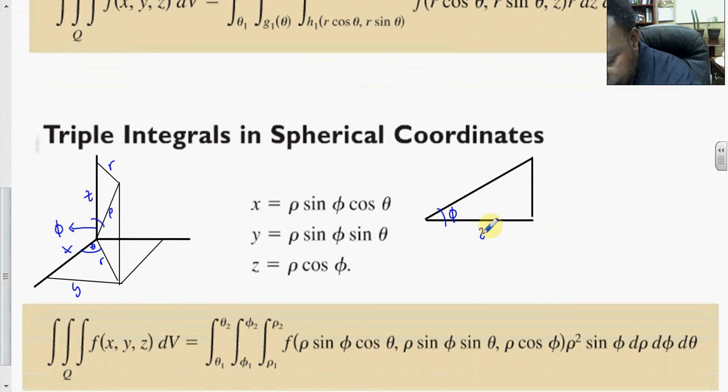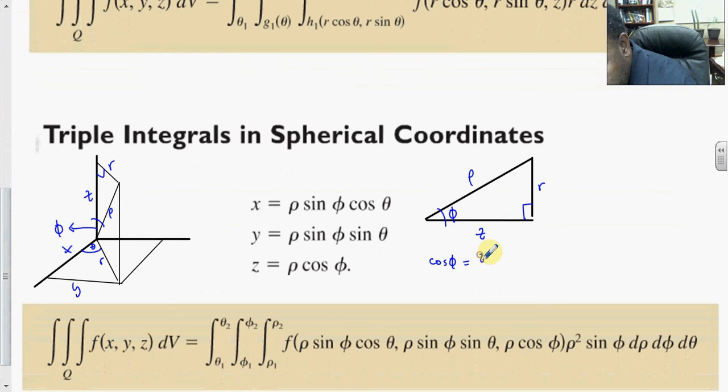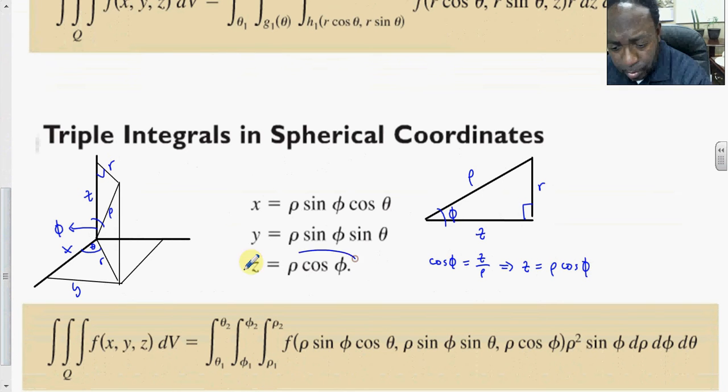Here we have z. This is rho. And this is r. And so if that be the case, then notice that the cosine of phi is equal to z over rho. This implies that z is equal to rho cosine phi. We get that.